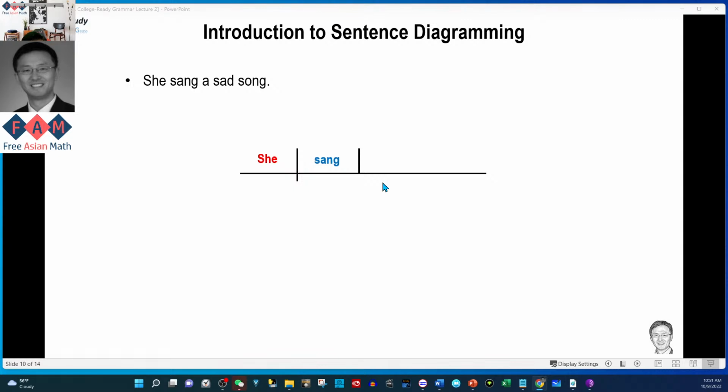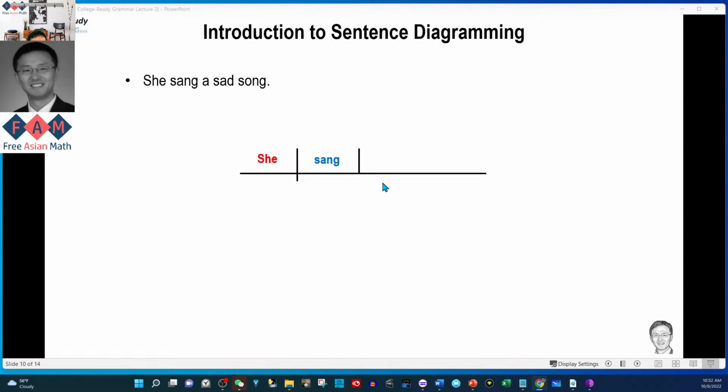So it's a modifier. It does not otherwise exist without its client, right? Its client's 'song'. So 'sad' modifies 'song'. 'A' is also kind of a special adjective. In 'a sad song', both 'a' and 'sad' modify 'song'.